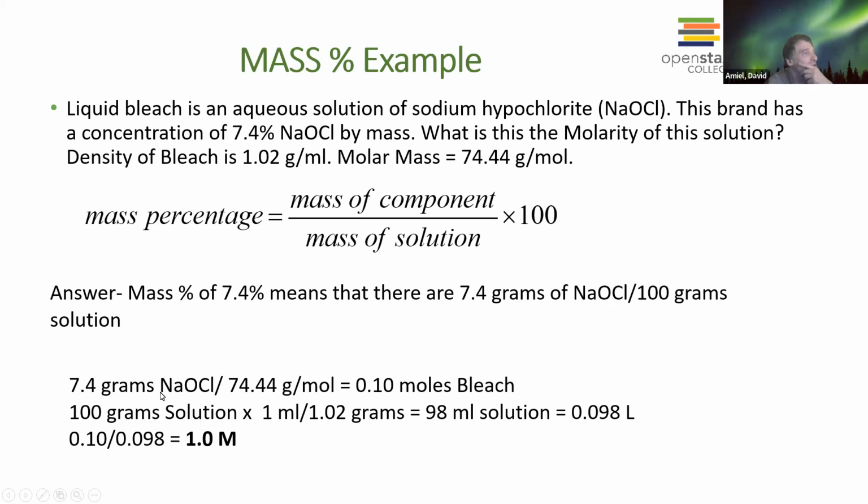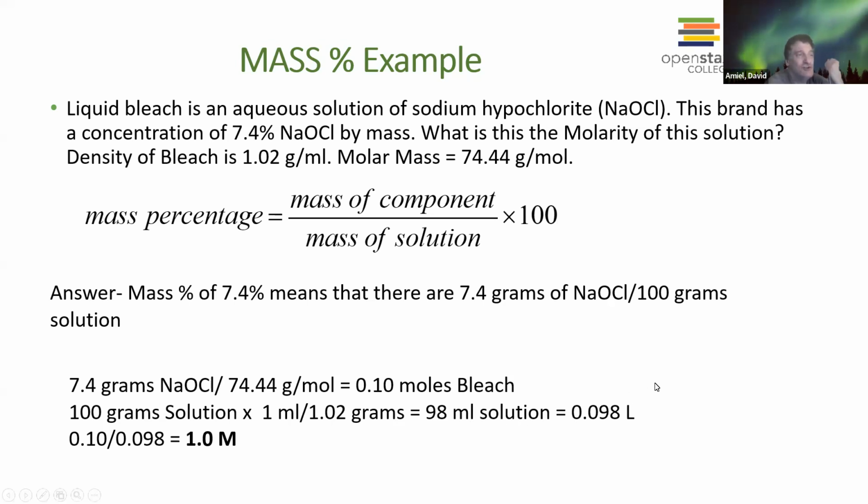And then we use the denominator, the mass of the solution, to go to the volume of the solution using the density as a conversion factor. So here's kind of an abbreviated unit line equation where we see that the grams of solution cancels, and 100 grams of solution is about 98 milliliters of solution.